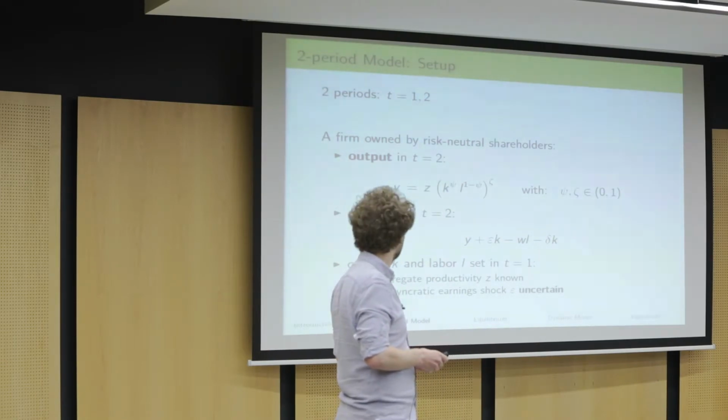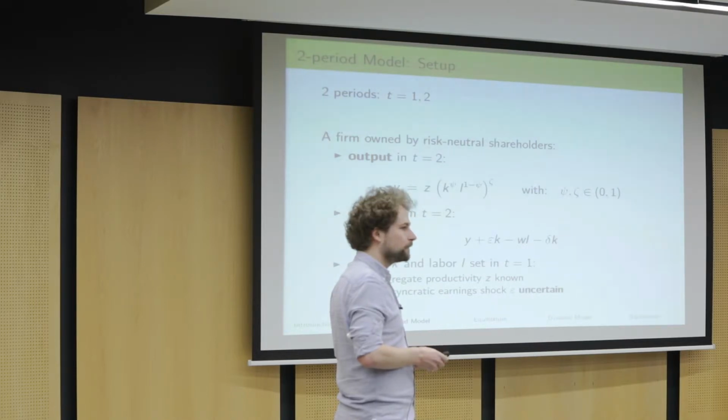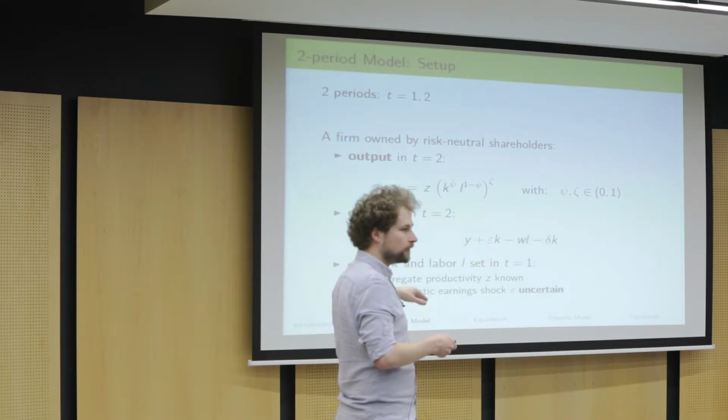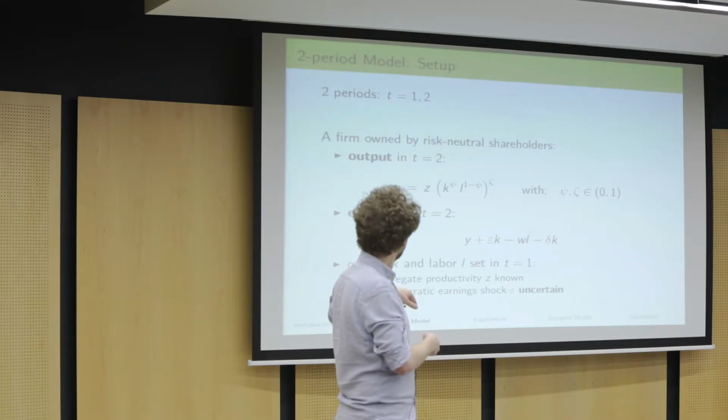Is it like a shock to total productivity and to the marginal productivity of capital? A shock to both? Yes. For all that I say in the two-period model, we could also have an epsilon here and nothing there.